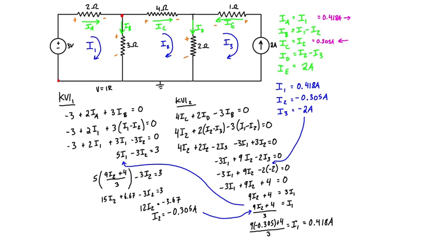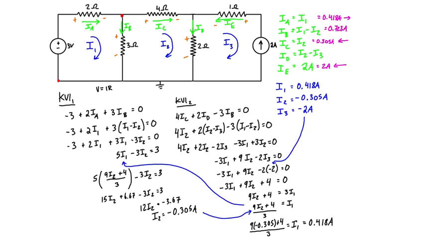Let's do IE as well. IE was the easy one. We already have it. It's 2 amps and we have drawn it to the left. So let's just put it here in purple as well, or pink, whatever this is, to the left. And then when we look at I1 minus I2, so 0.418 minus negative 0.305, that's going to give us a total value of positive 0.723.